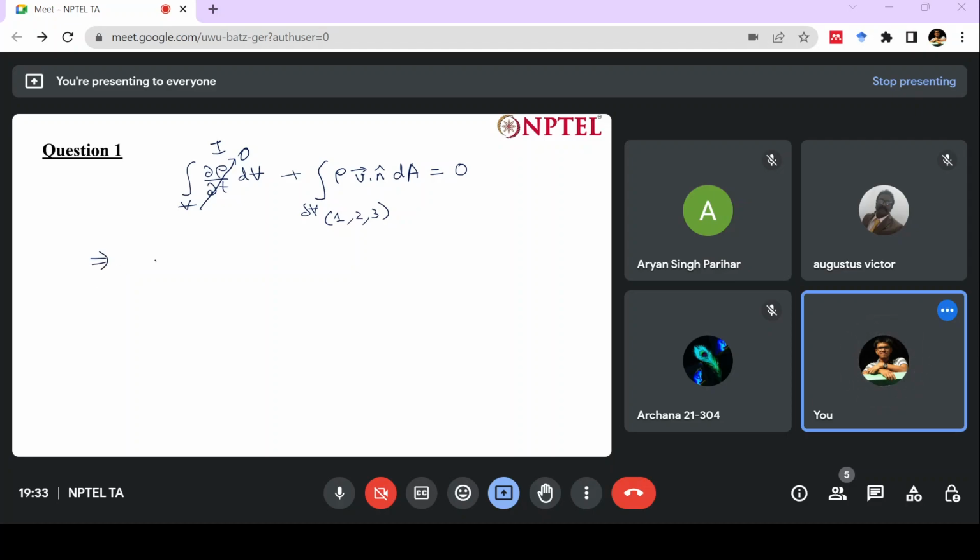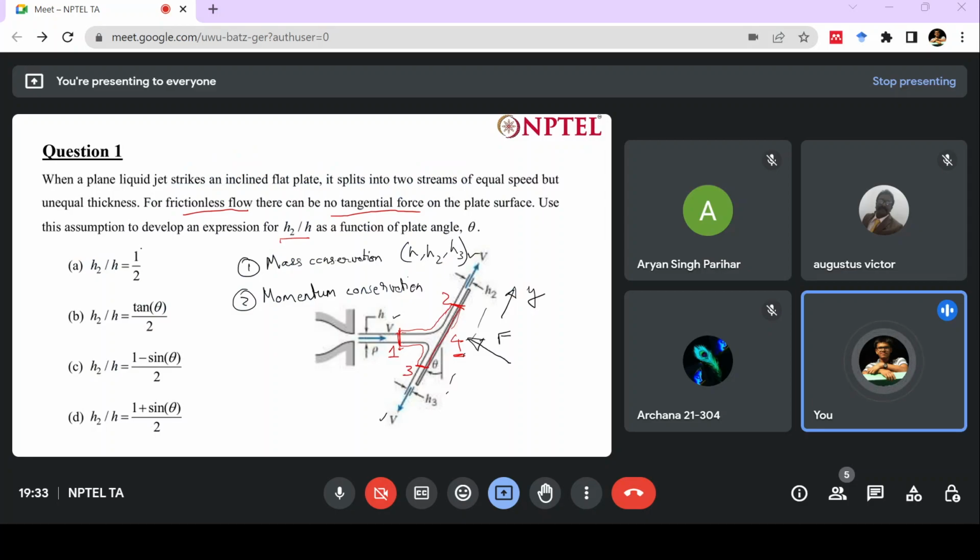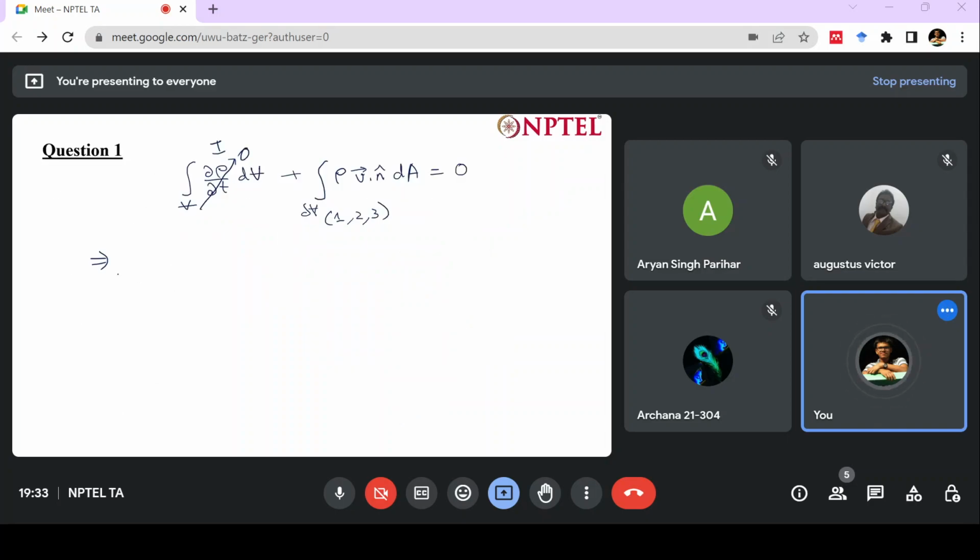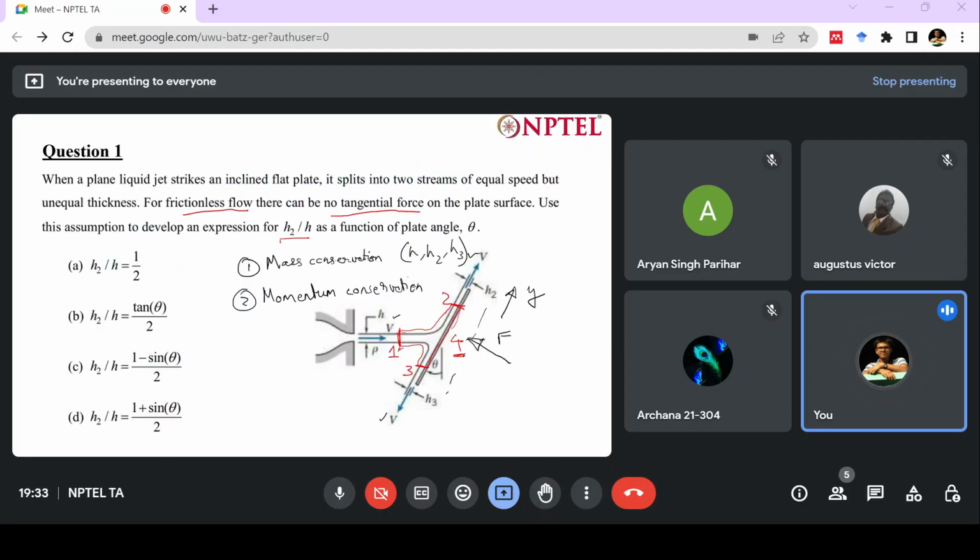For surface 1, the mass is coming inside, so we will use the negative sign because the flux is inwards. So rho v, where v is the velocity normal to my control volume. I have drawn a normal surface. If I drew a tilted surface, which would just make my life more difficult, cut not perpendicularly but at an angle, what would happen?